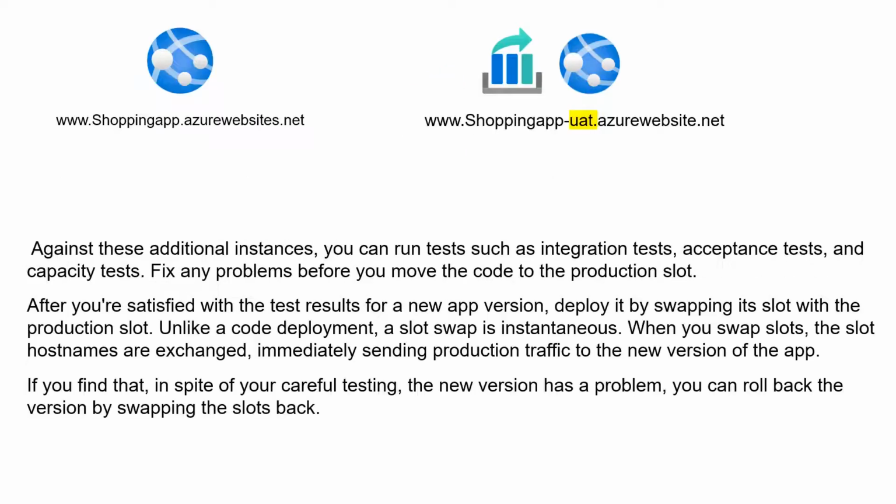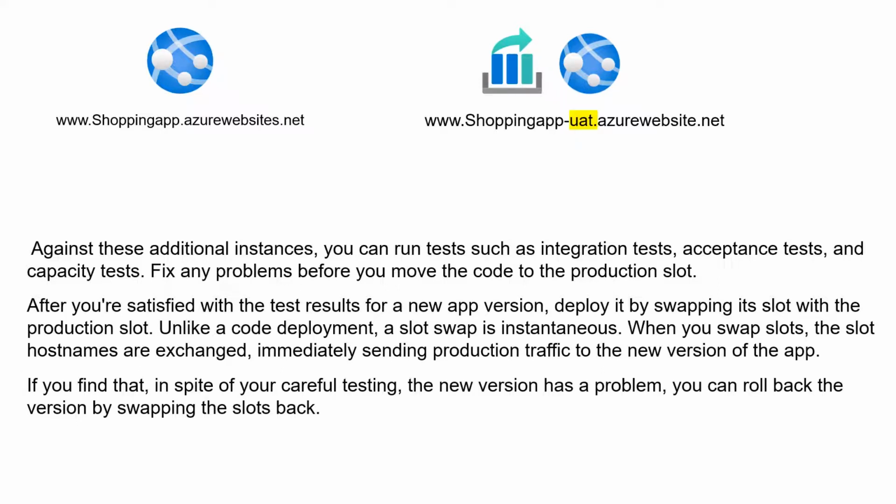So this is an example where we have two slots, one for production and one for UAT. The users or the customers will connect with the production slot, and the business or the testing people can test with the UAT slot URL. They can run integration testing, acceptance testing.